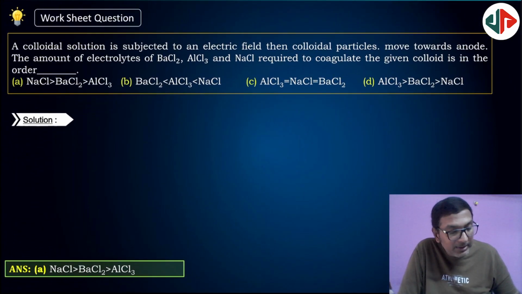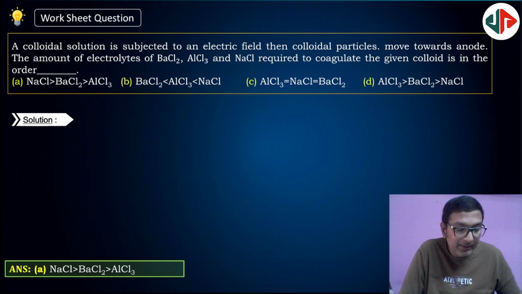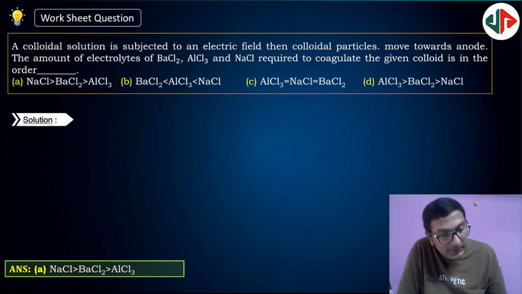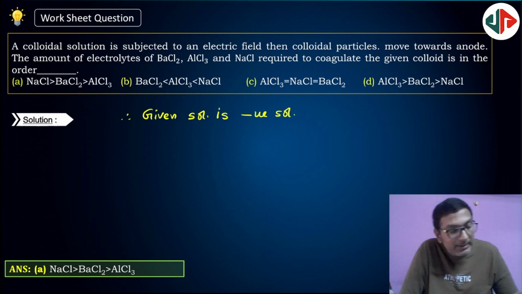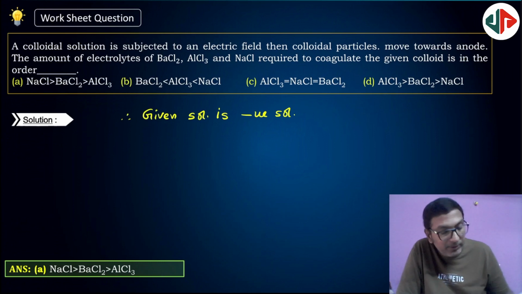A colloidal solution is subjected to an electric field, then colloidal particles move towards anode. So moving towards anode means anode is positive charge, therefore the solution is a negative sol. Therefore the given sol is a negative sol. Next, the amount of electrolytes BaCl2, AlCl3, NaCl required to coagulate will be in the order of coagulating value we have to find.